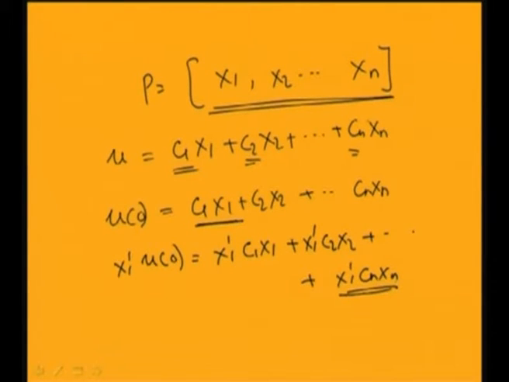Previously we studied the orthogonality property of these normal modes. From this property we know that xi transpose xj terms, when i is not equal to j, are equal to 0. We can apply this orthogonality principle to this equation. Here u0 equal to C1 x1 plus C2 x2 plus Cn xn.